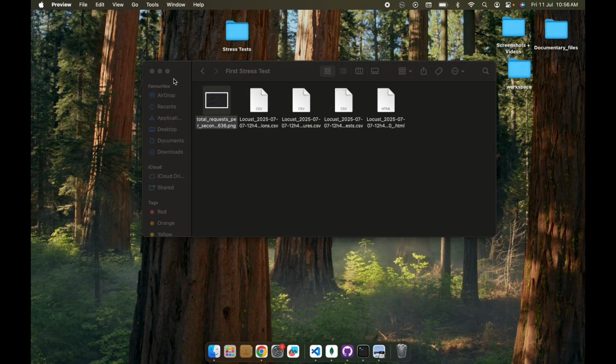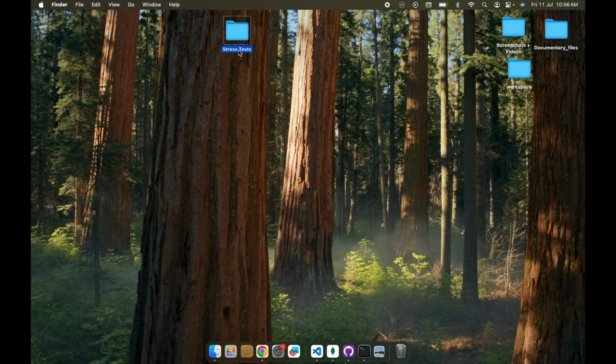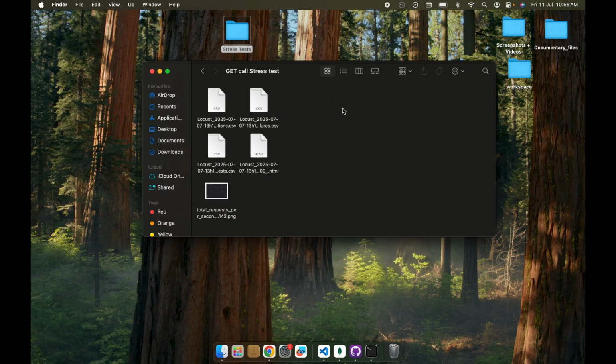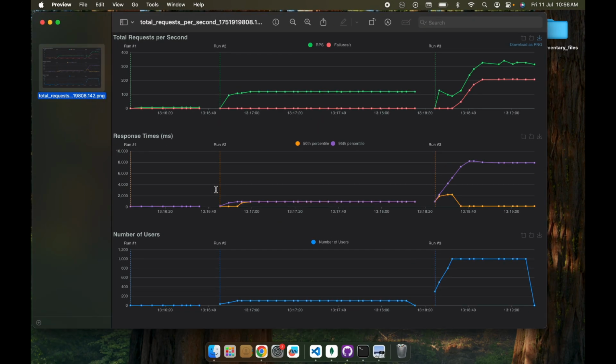The first of which was a simple get call stress test. In this stress test, we simply called the get function. This gave us a better idea of how the API would perform when doing a less complex task. Here you can see 3 different runs.